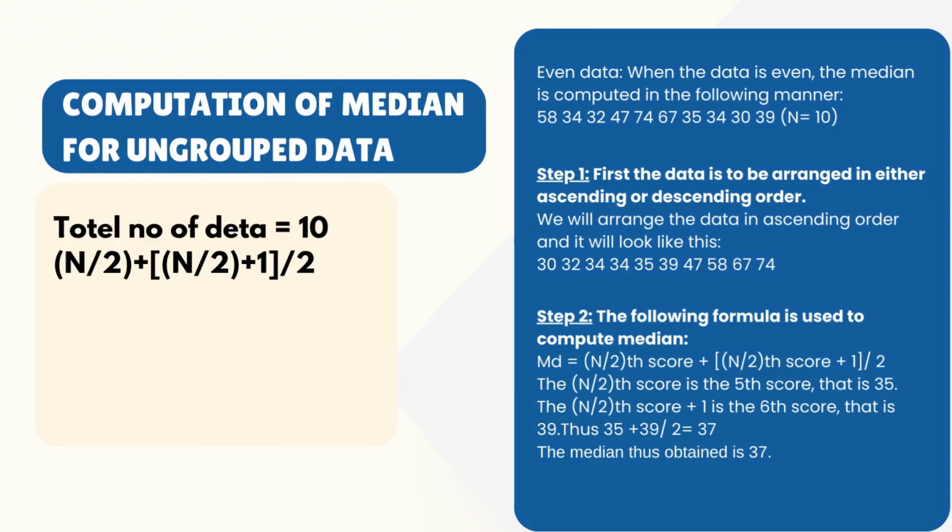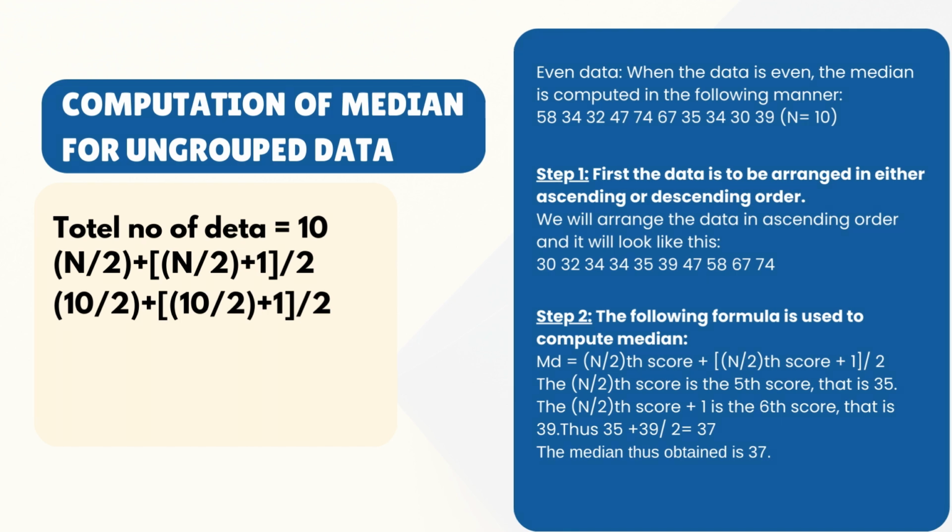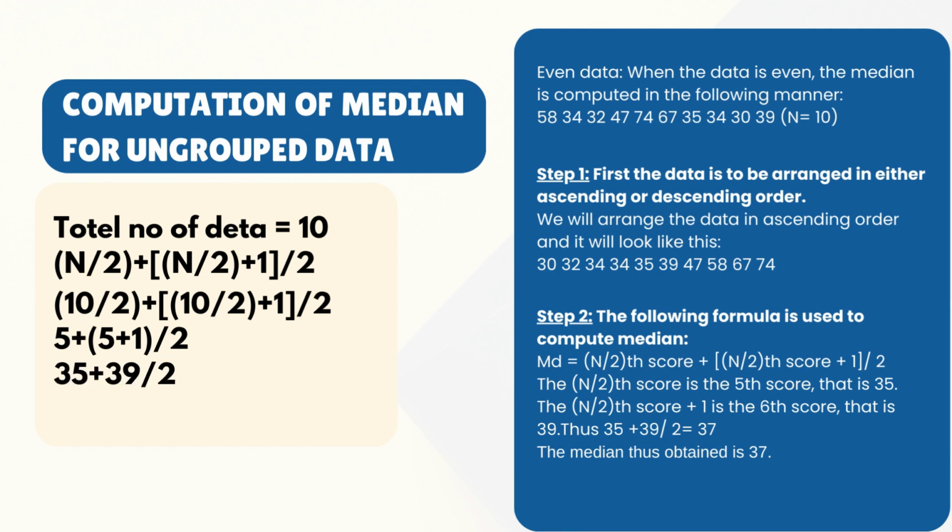So n by 2 is equal to 10 by 2, which is 5, and n by 2 plus 1 is 5 plus 1, which is 6. You can see here that the n by 2 score, the fifth score, is 35.